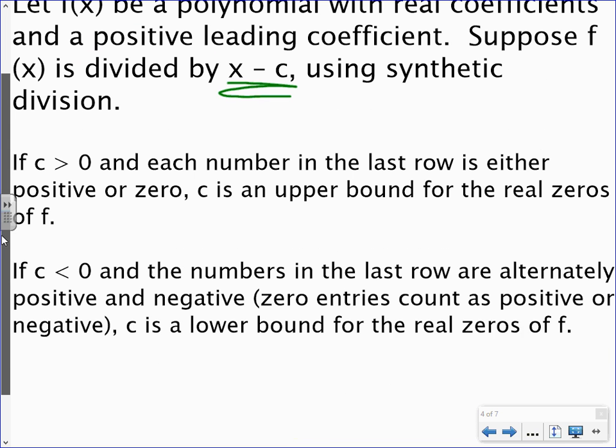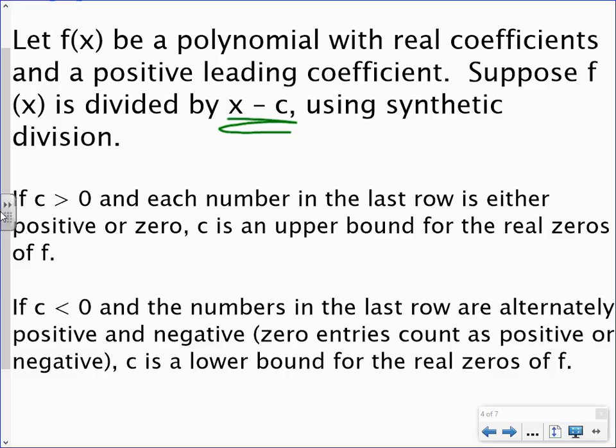I'm going to put this up here for you to write down, and then once we have it written down, we will focus on understanding what it means.